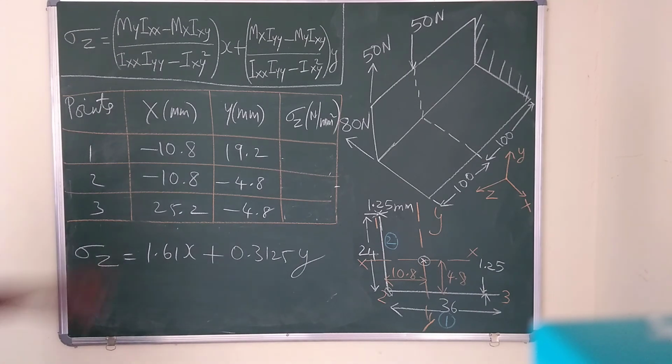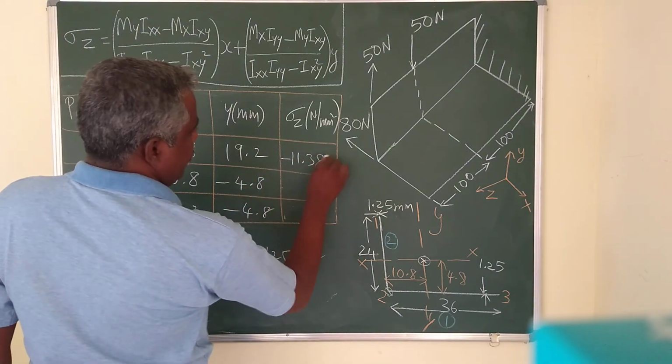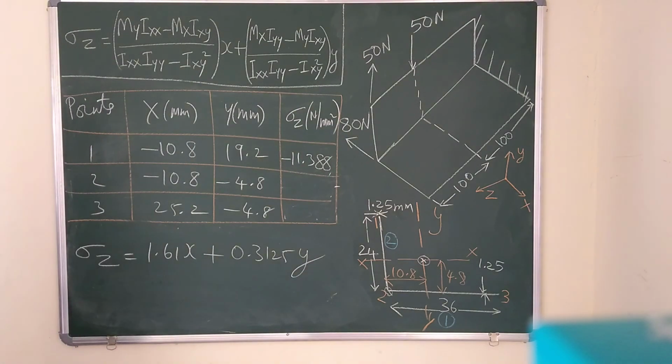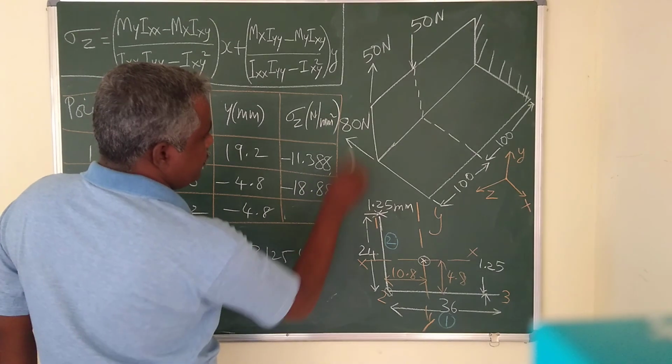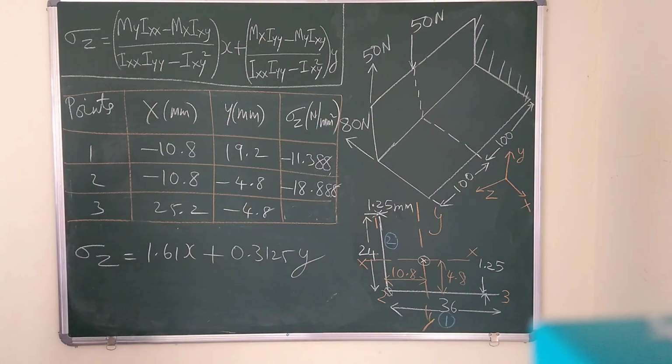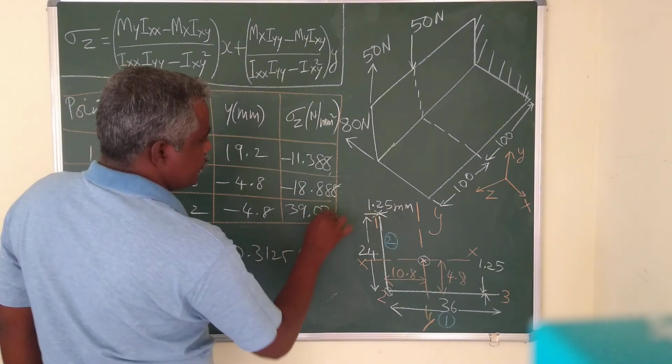Now substitute this x and y value in this expression. You will get the sigma z value. Now when I substitute for point 1, I get minus 11.388. Here minus 18.88. You can stop with 2 digits also, if you wish, and 39.072.